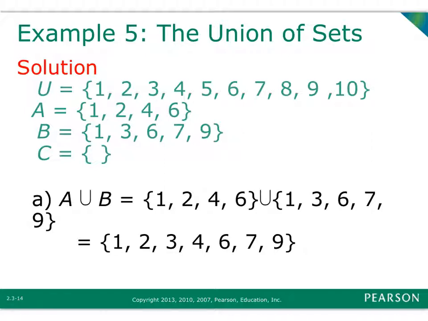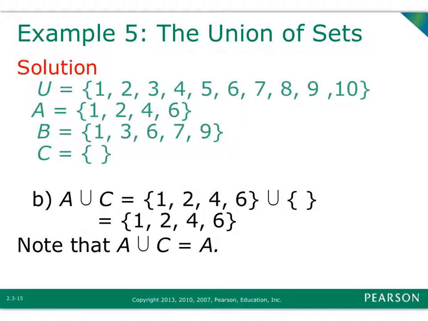So in this case, we have 1, 2, 3, 4, 6, 7, and 9 that are elements in A or in B. In the case of A union C, we have 1, 2, 4, 6 union with the empty set, and of course with the empty set that's just the same numbers that are contained in A. So in this particular example, A union C is just A.